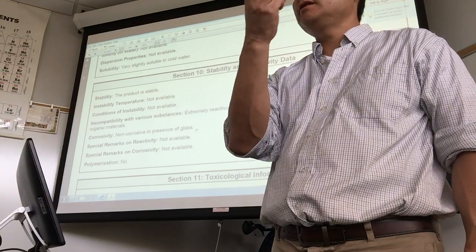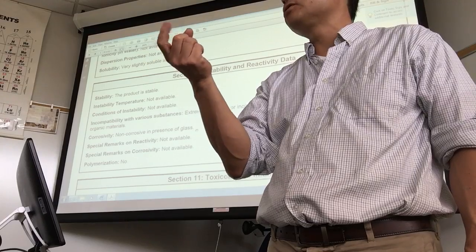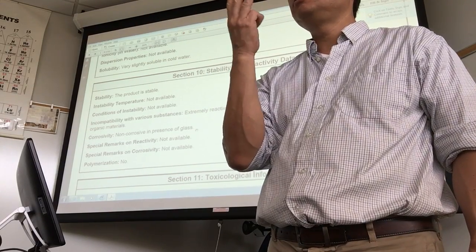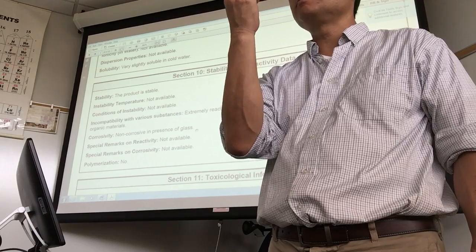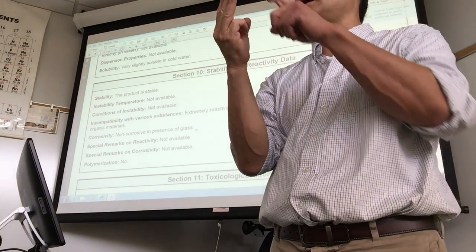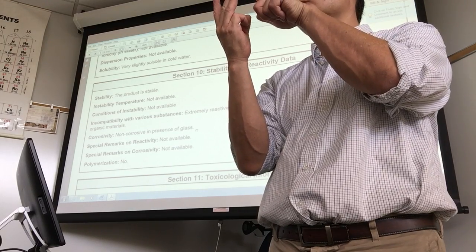Would you group those three in the same category? Yeah, because they're all soluble. But then again, would you group those three together in terms of chemical behavior? No, definitely not at all, because acetates are totally different than chlorates and nitrates.